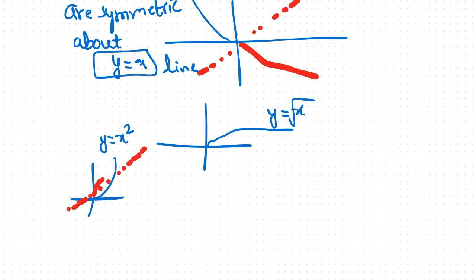Make sense? So that is a confirmation that the inverse and the original function are symmetric about y equal to x. And regarding logarithms, do you know the basic formulas? Like log x.